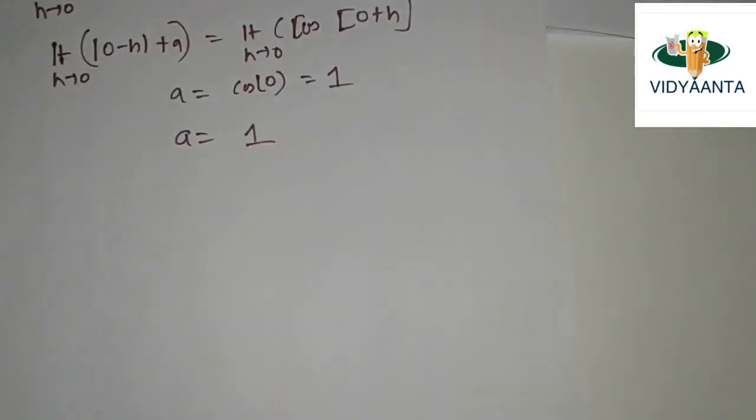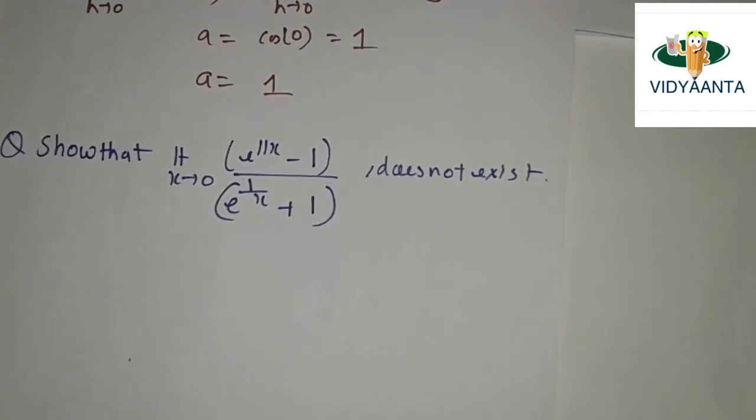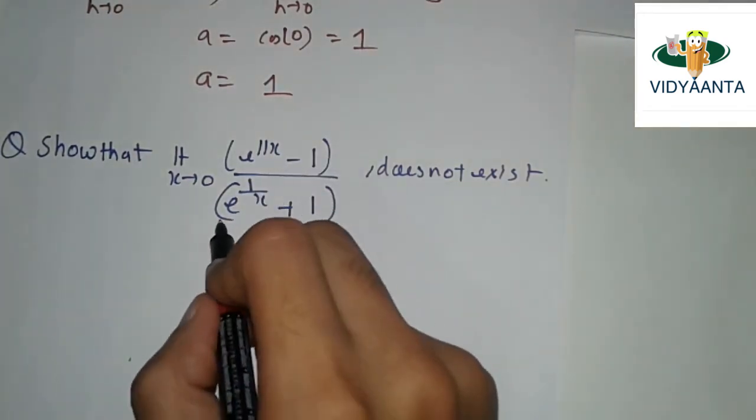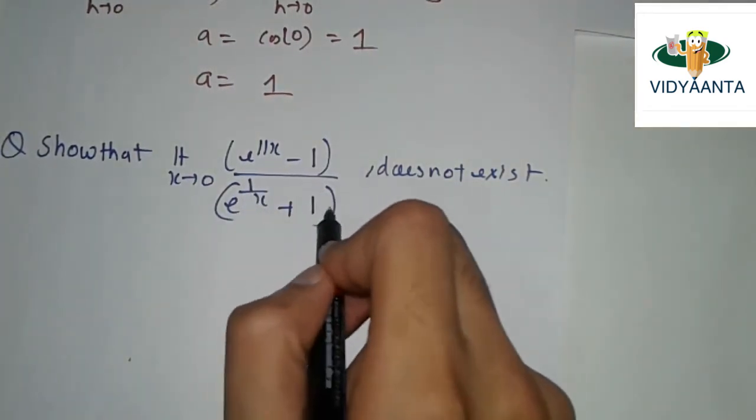Next question. According to our next question, limit x tends to 0 of (e raised to power 1 by x minus 1) over (e raised to power 1 by x plus 1).